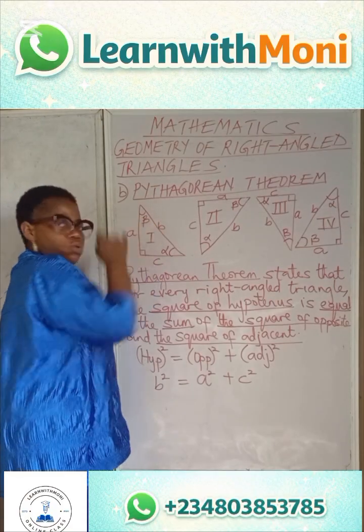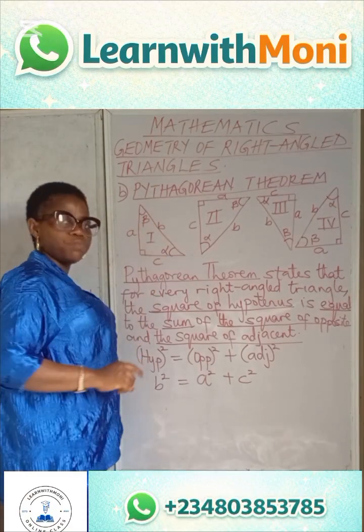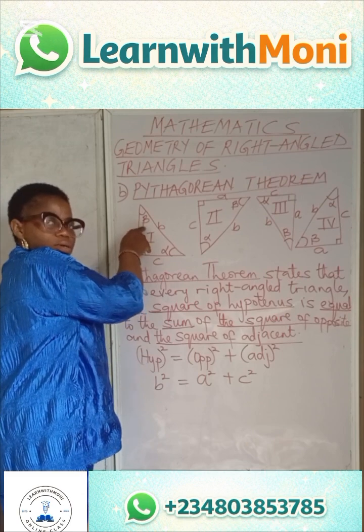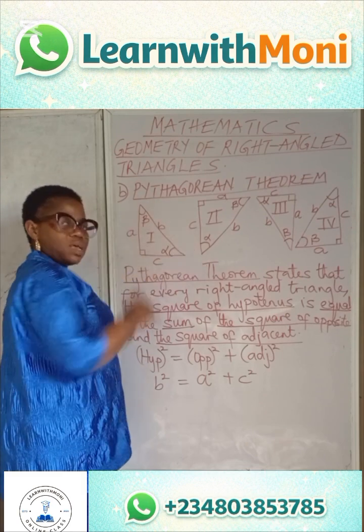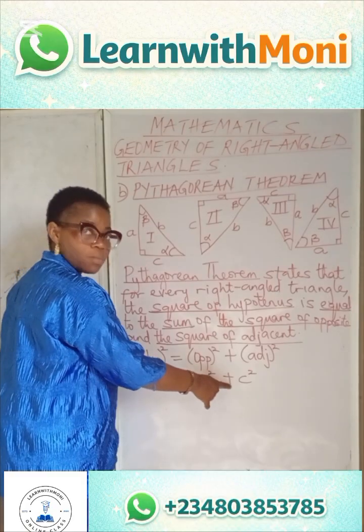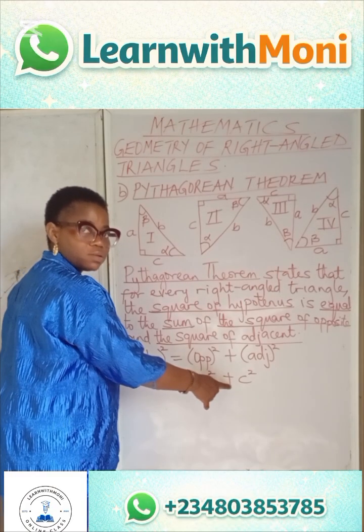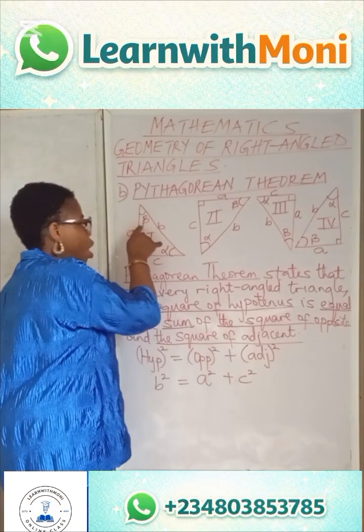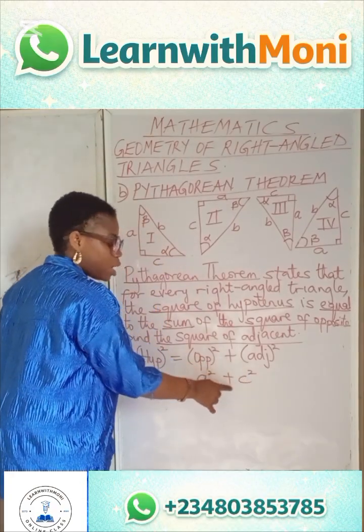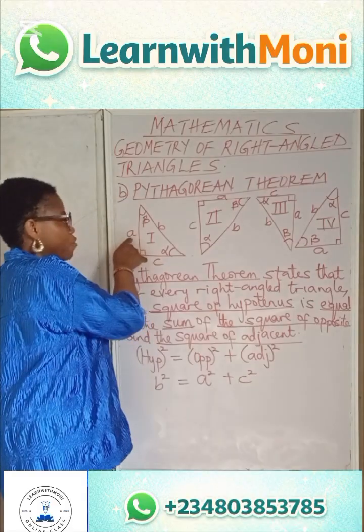Whether you are considering angle alpha or angle beta, let us see. If you are considering angle beta, your hypotenuse remains the same, which is B. So B squared equals the sum of the square of opposite. The opposite of beta is C. That is C squared plus the square of adjacent.